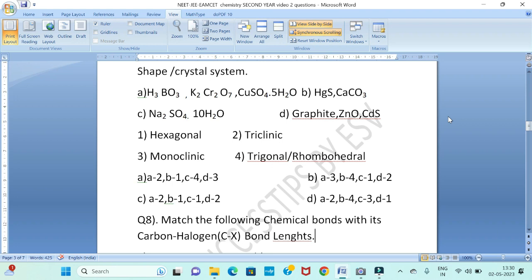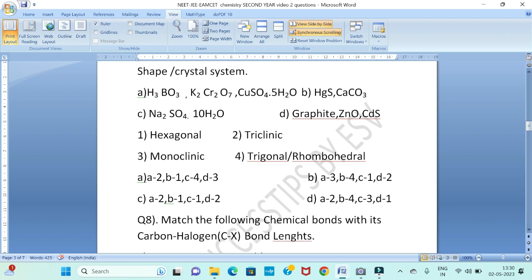H3BO3, K2Cr2O7, CuSO4·5H2O, HgS, CaCO3, Na2SO4·10H2O, graphite, ZnO, CdS. For this, three compounds have the same shape.